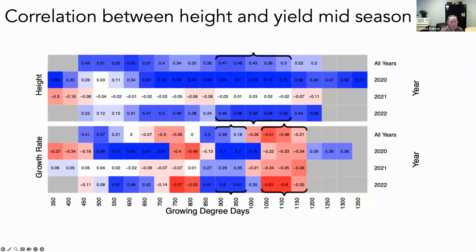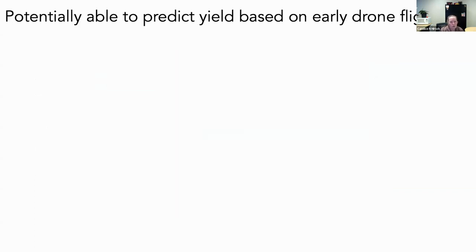But if we look across years, we can see in this part of development, we can use the height or the rate of growth to get pretty high correlations with the yield map for that particular field. And so the next thing we wanted to ask is not only can we correlate, but can we actually take that early data and predict what the yield will be very early on?